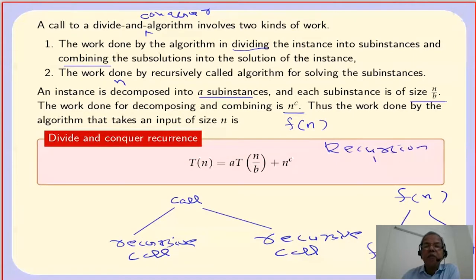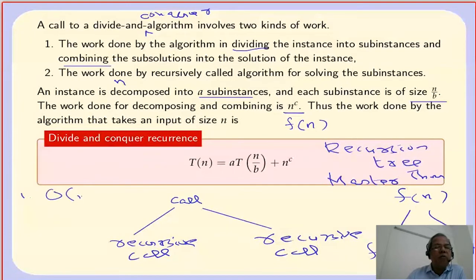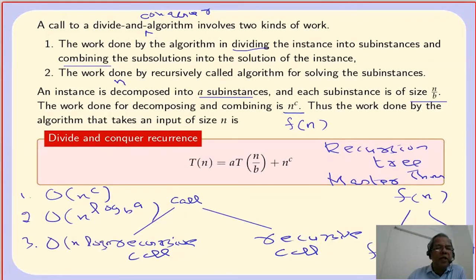The result of solving this recurrence is captured in the master theorem, as we have already seen. There are three cases: big O of n to the power c, or big O of n to the power log a to the base b, and the other is big O of n log n.